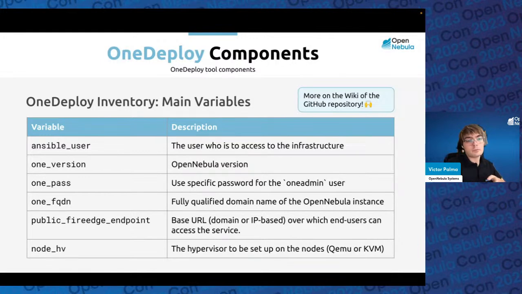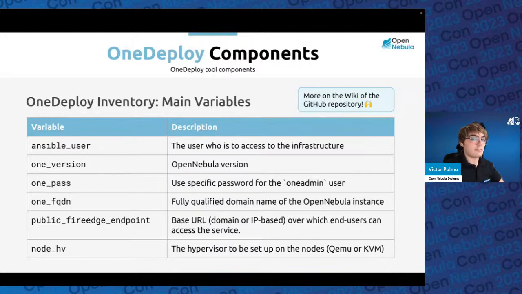Some of these variables are ansible_user, that is the user used to access the infrastructure, one_version, the OpenNebula version that you are going to install, one_pass, one_fqdn, that is the fully qualified domain name of the OpenNebula instance, and the public FireEdge endpoint, that will be the base URL over which a user can access the OpenNebula web UI.